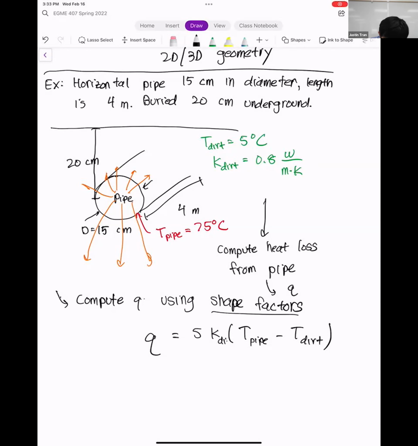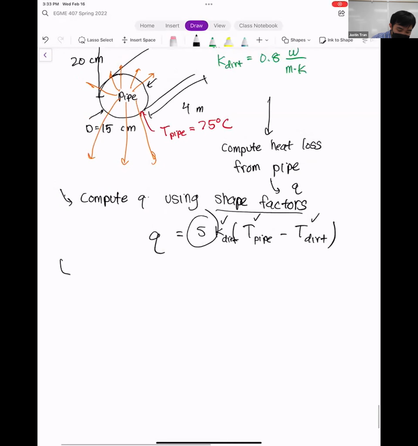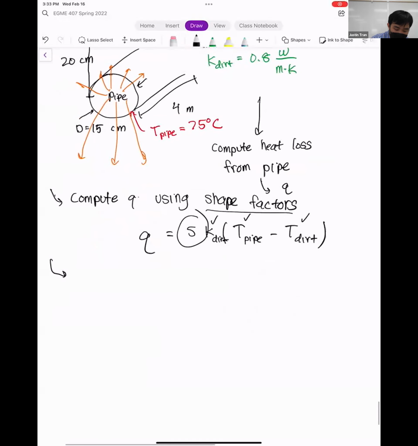All of these are given to us, and the only thing that we don't have yet is the shape factor. When we come across a situation like this, we are going to look in a table for a situation that looks similar to what we have here.